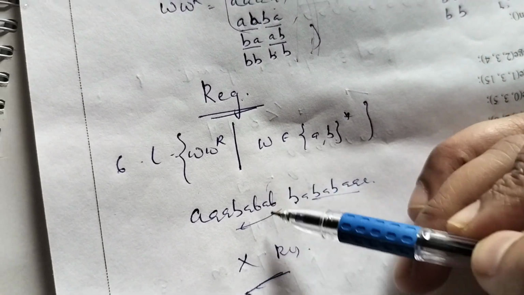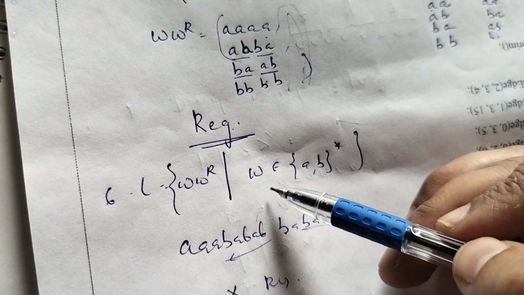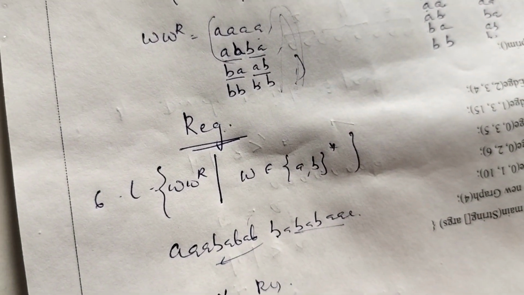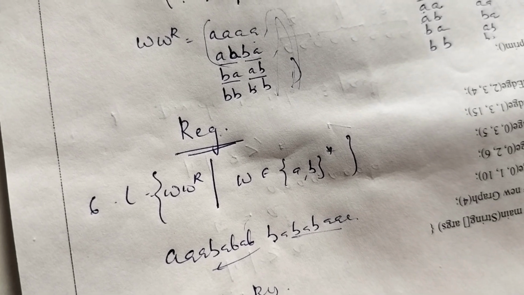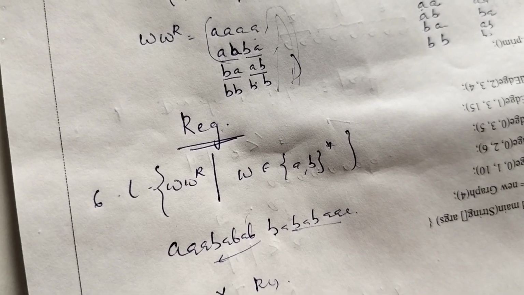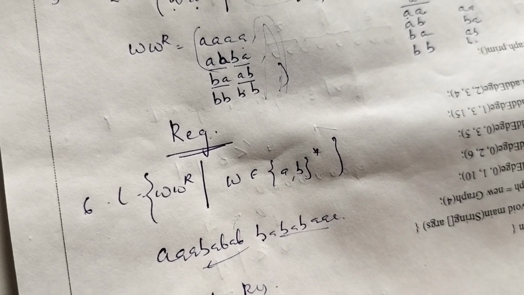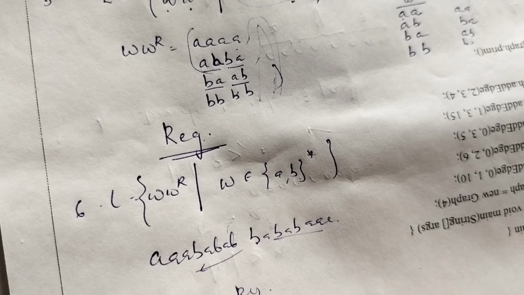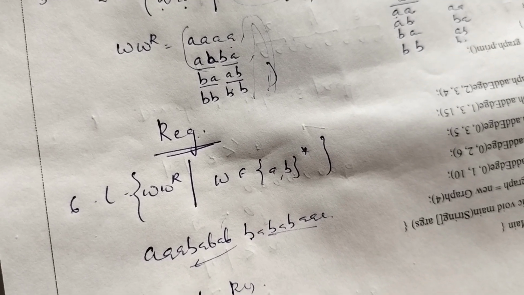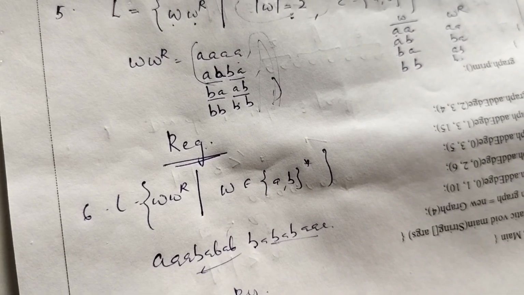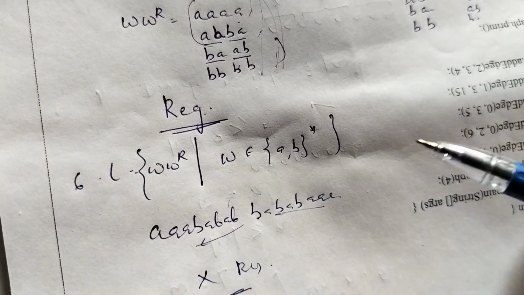This one is infinite. Depending upon the length of the string, if we take the reverse of that string, then it will be a big string, W W power R. Finite automata has less memory, not that much capacity to store such a lengthy string. So that particular language is not a regular language.